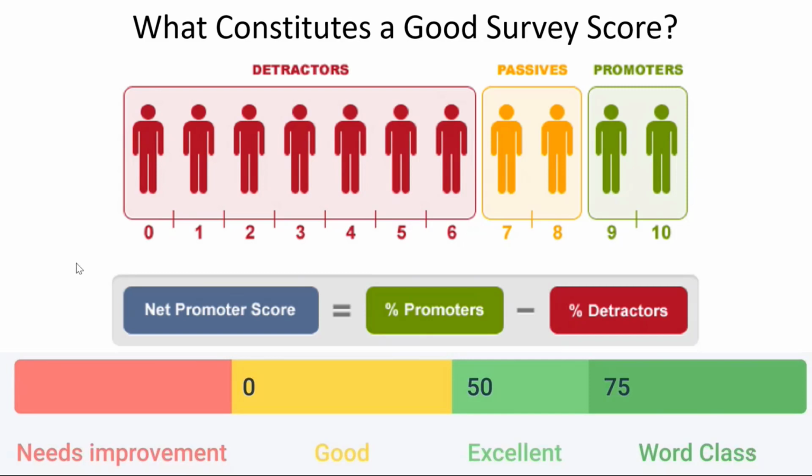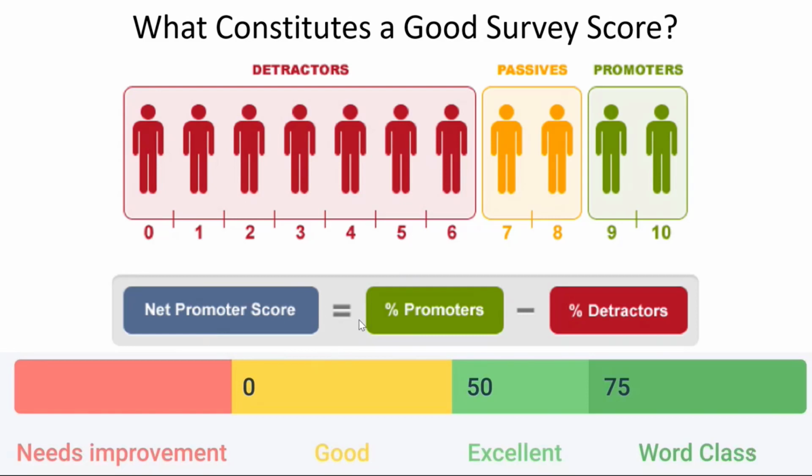As far as what constitutes a good survey score, the creators of the NPS metric, Bain and Company, say that an NPS score above 0 is good, above 20 is great, and above 50 is amazing. So this particular bar says excellent for 50 and above.